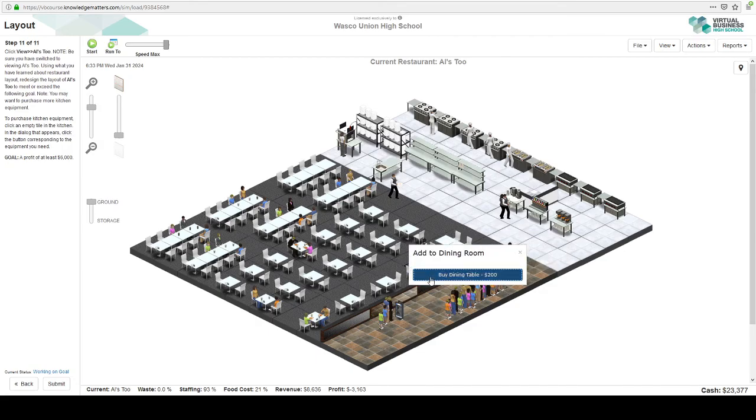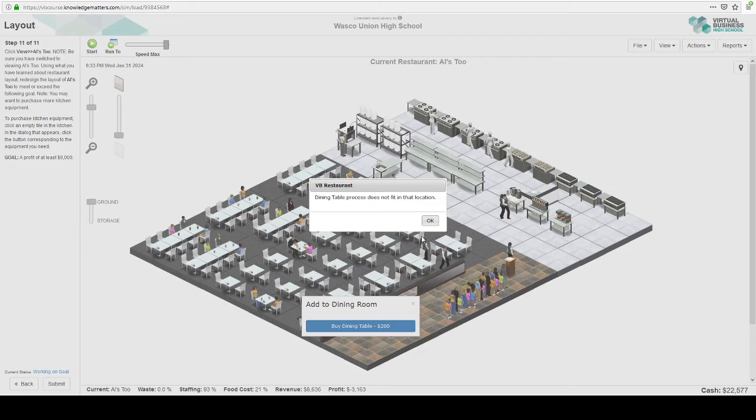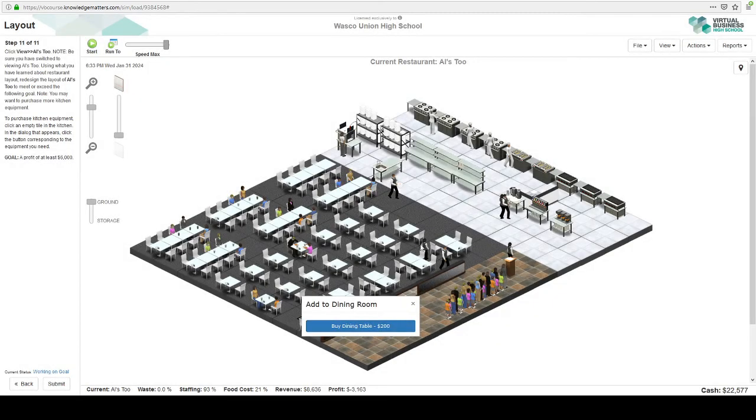Oh, I want to move it closer. Okay. Why does it not fit right there? Probably because someone's already sitting there. That's probably the problem.